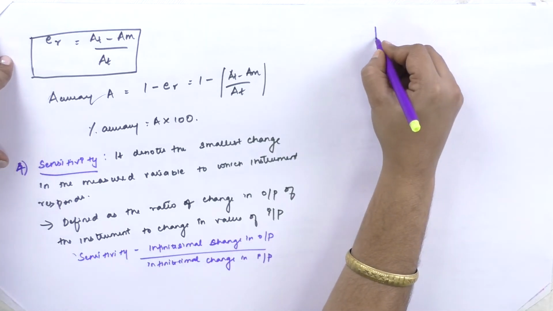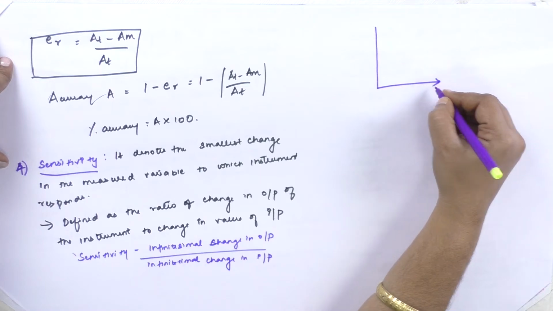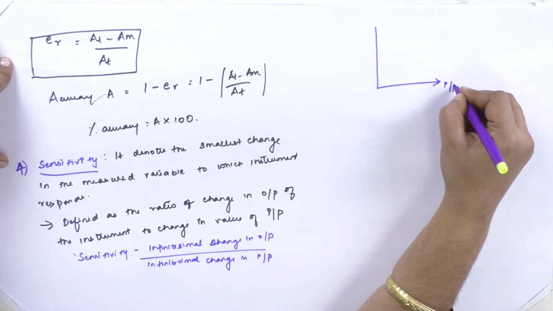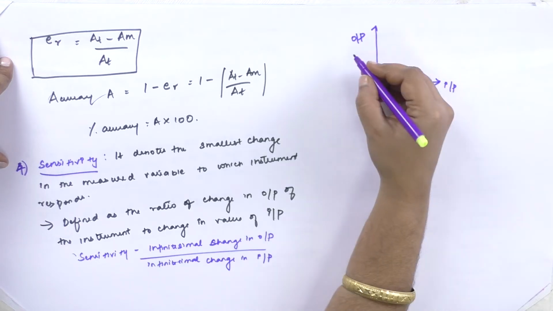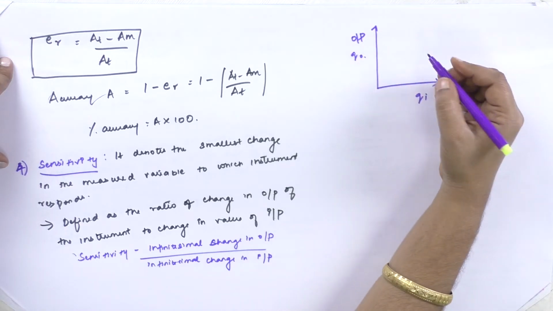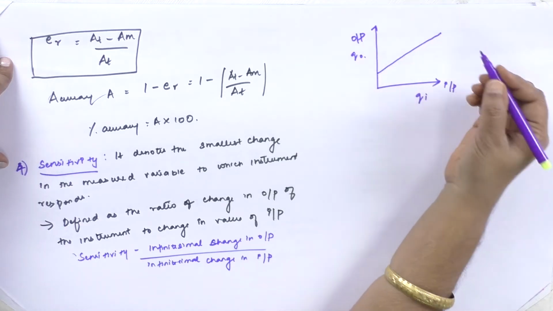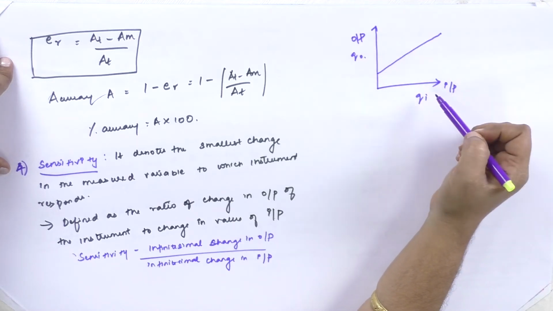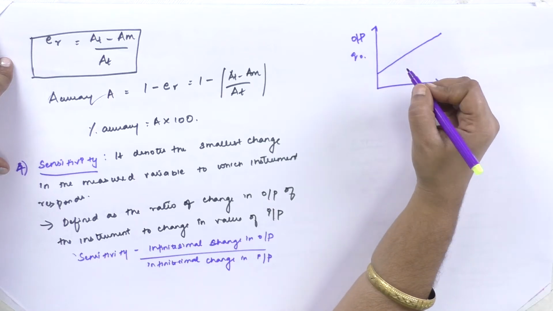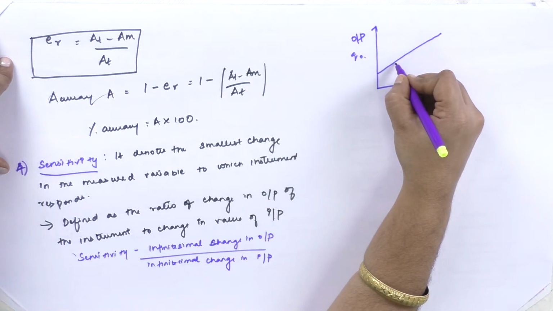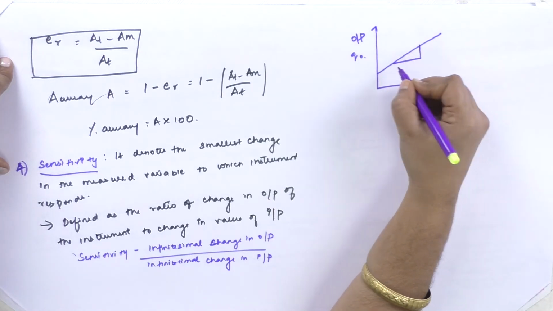If you draw the calibration curve, which is the curve between the input and output characteristics, represented as Qi and Qo, and if the calibration curve is linear, the sensitivity of the instrument will be equal to the slope of this calibration curve.